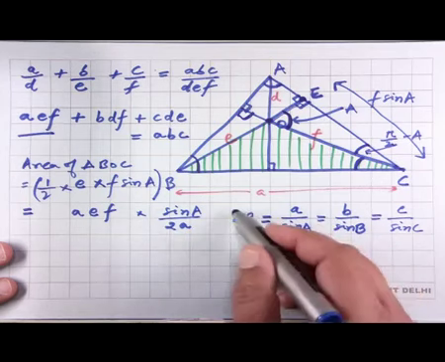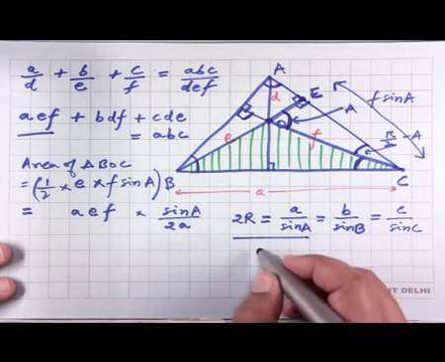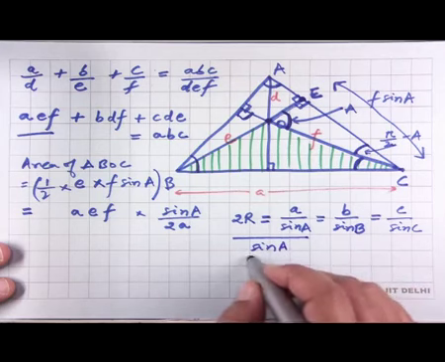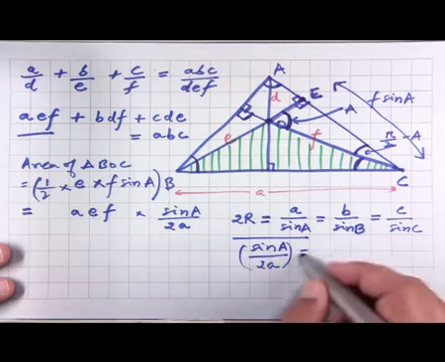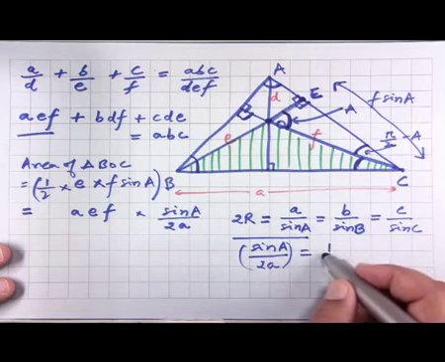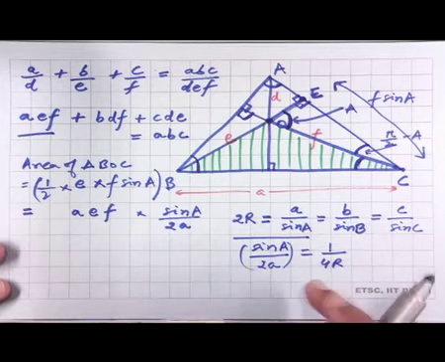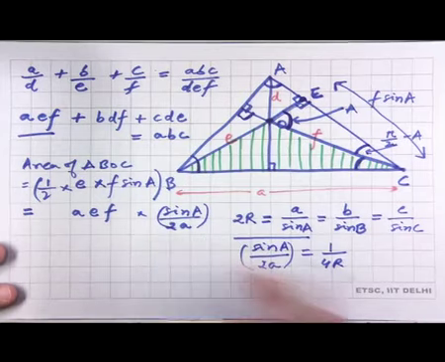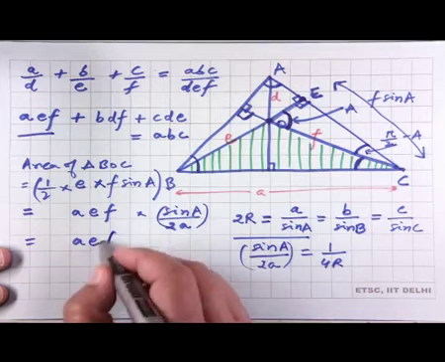So, if we just see this equality here, then it follows that sine A over 2A is equal to 1 by 4R, and if we substitute this with 1 by 4R, what we get is AEF over 4R.